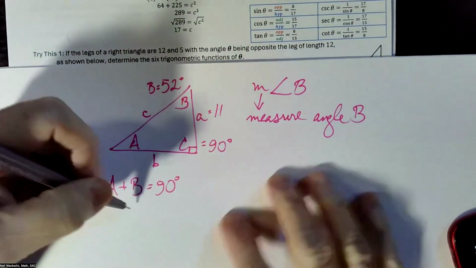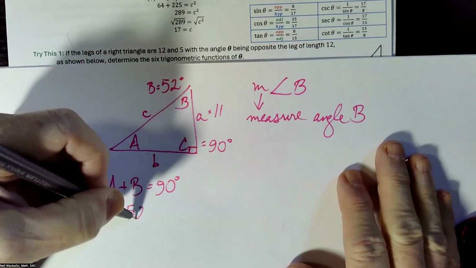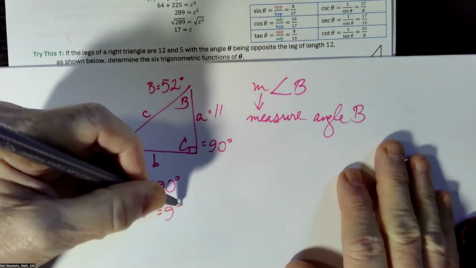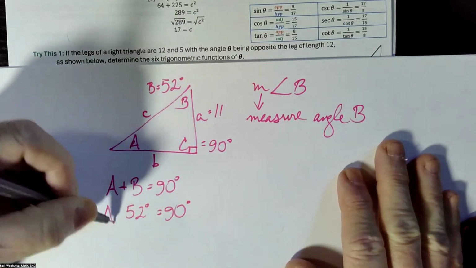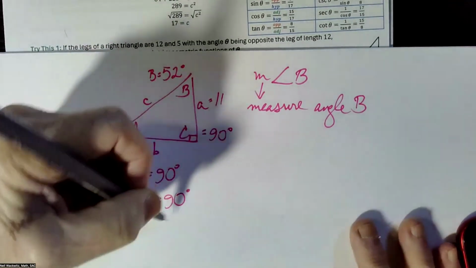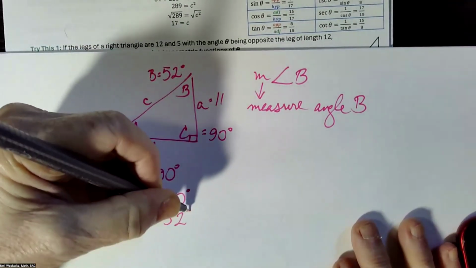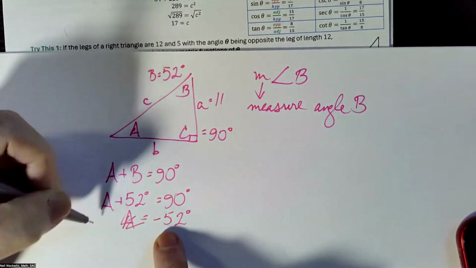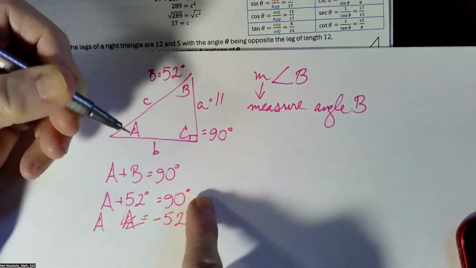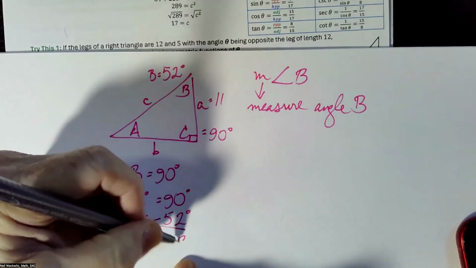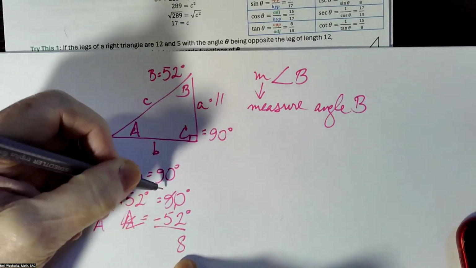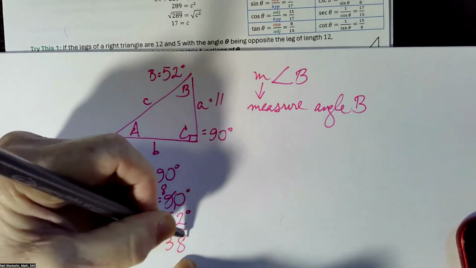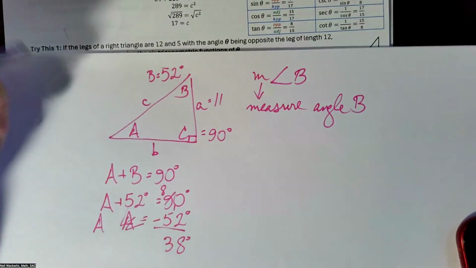So let's see, B is 52. And so we can subtract 52. So A is equal to 38 degrees.